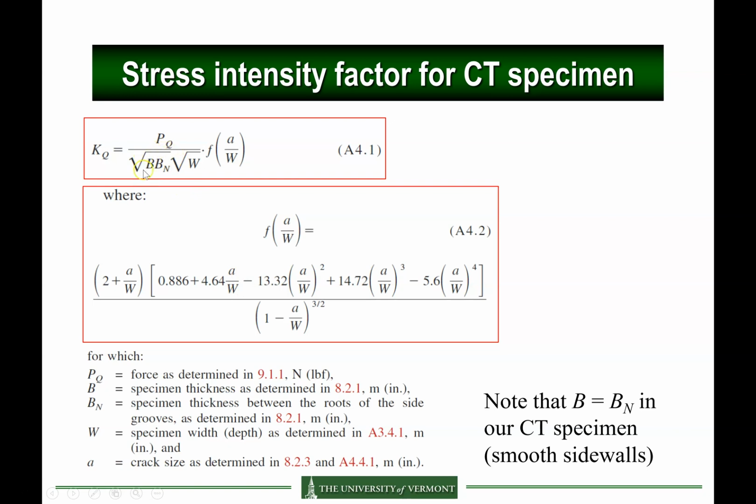Then we have square root of B times Bn. So usually instead of the square root, you just have B. So the text of your Lab 6 will have just B. So what is this Bn? So for some specimens, that's not our case here, but for some specimens we create some groove on the side of the specimen to make sure the crack propagates flat and horizontally.